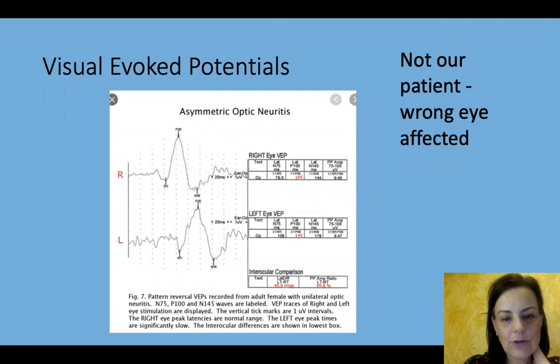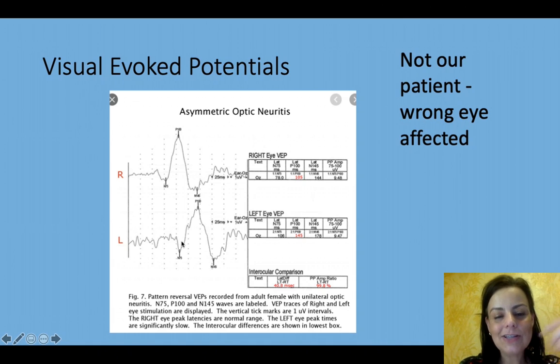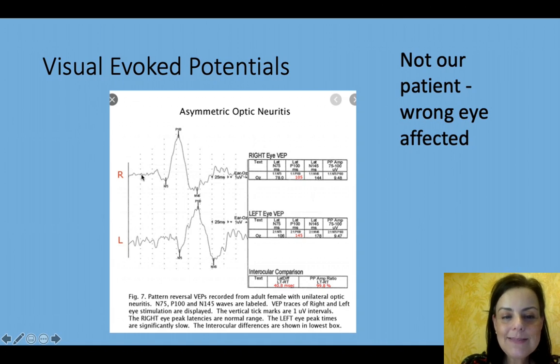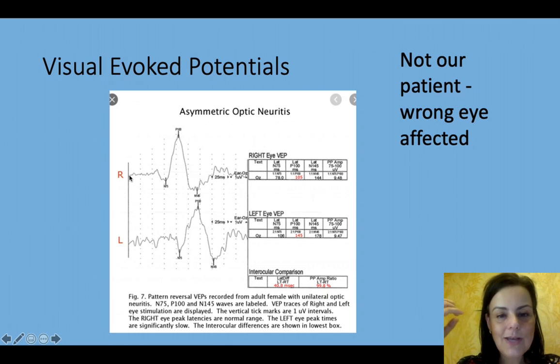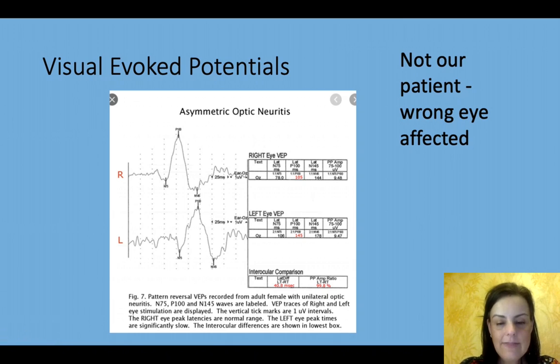So here's the visual evoked potentials. This is not our patient here because it's the wrong eye. But if a patient had demyelination or an optic nerve injury in the left eye, this is what you would see. Basically what they do is they strap electrodes on the patient so that they have them in front of a TV screen and they show this checkerboard pattern, and the patient is looking at the pattern, and then they put electrodes back here on the occipital lobe, and they're measuring how long it takes for the input to go from the screen to the patient's occipital lobe.